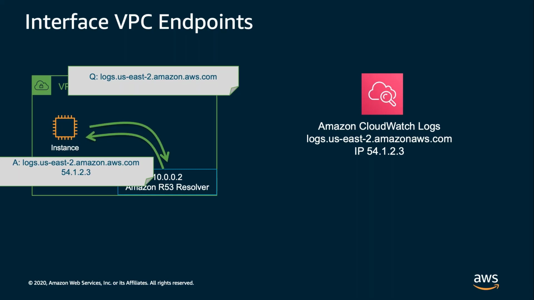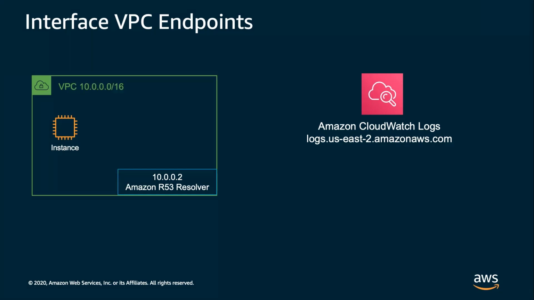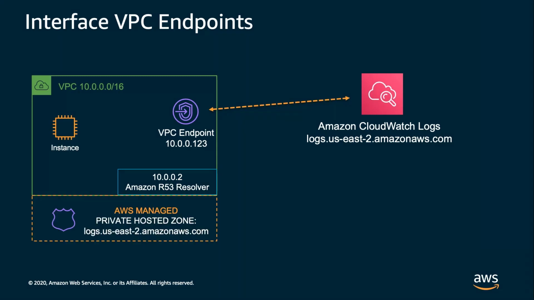What we can actually do with interface VPC endpoints for many AWS services is create a VPC endpoint, which links directly to that service through an AWS technology called PrivateLink. So you see here, I can have a private IP address within my VPC. And then we can associate an AWS managed private hosted zone for logs.us-east-2.amazonaws.com, in this example for CloudWatch.